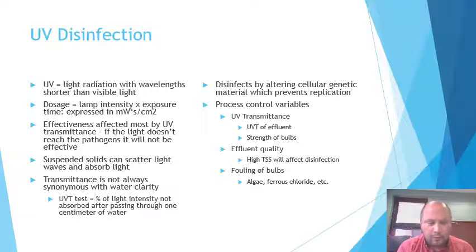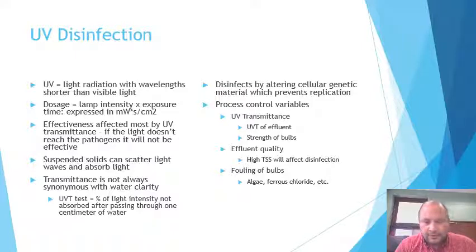So we do a test here in our lab called UVT, or ultraviolet transmittance. It calculates the transmittance of our final effluent, and then that is programmed into the control panel that controls our ultraviolet system. The lower the transmittance, the more it's going to tell the lights to ramp up, to make sure that we have enough dosage to get adequate disinfection.